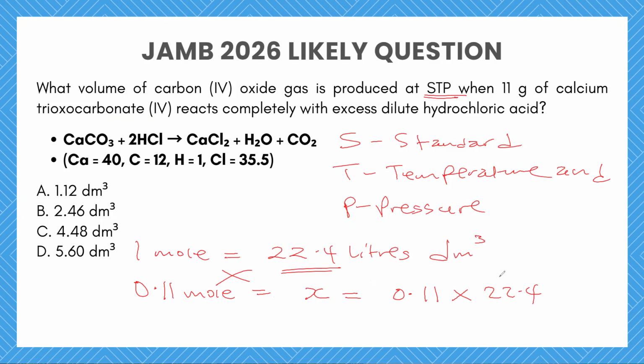When we punch our calculators, that gives us 2.464 dm cube or 2.464 liters. Whichever one you choose is fine.